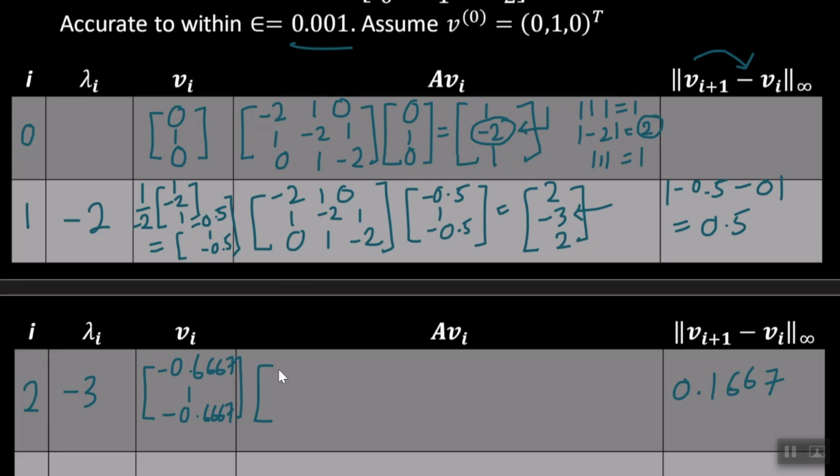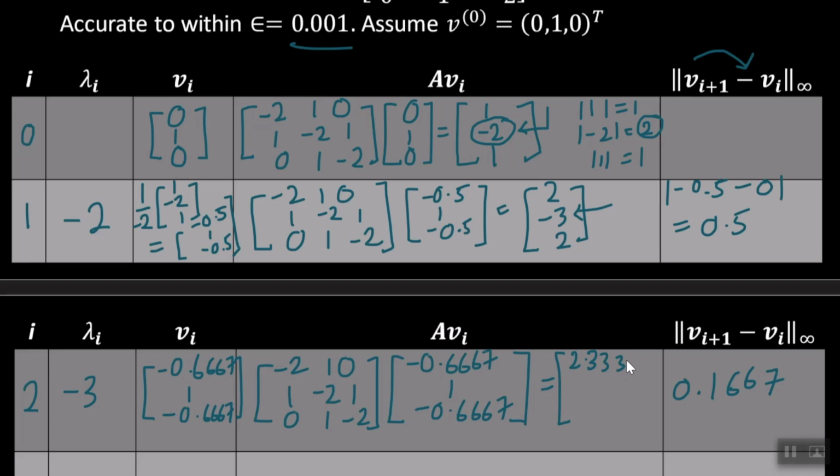So A multiplied by V gives us 2.3334, negative 3.3334, and 2.3334.